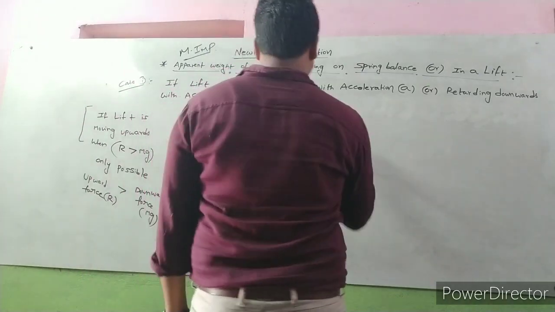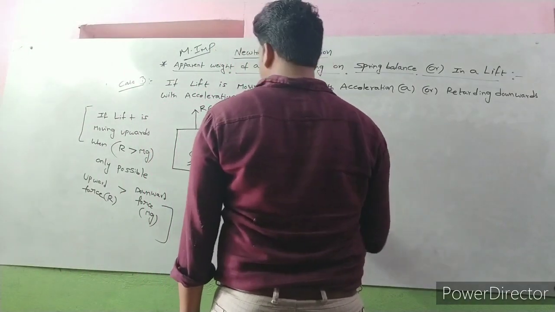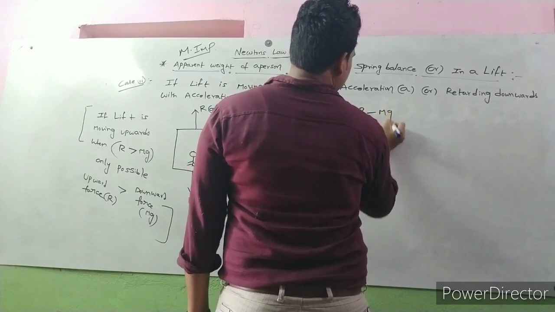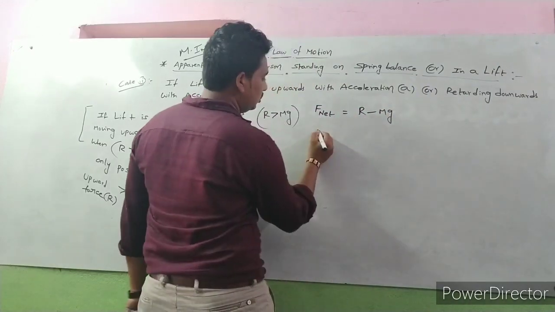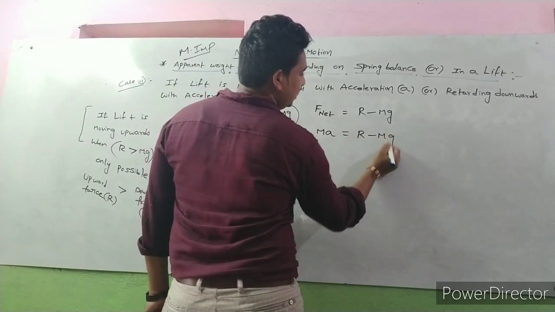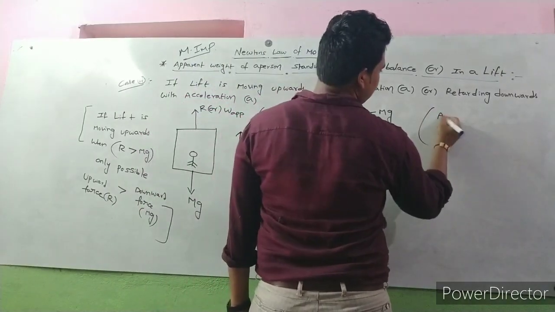So F net is equal to R minus mg, because R is greater now. F net is equal to mass into acceleration, so R minus mg, according to Newton's second law.